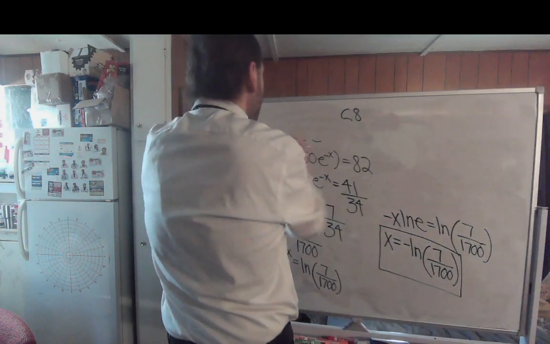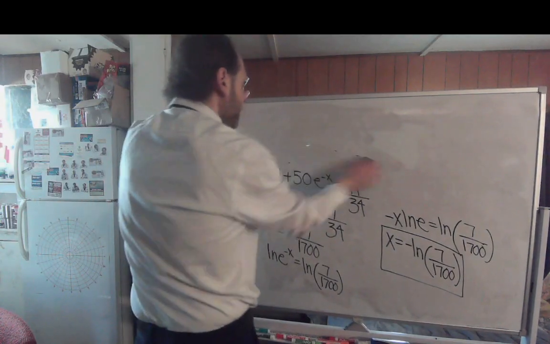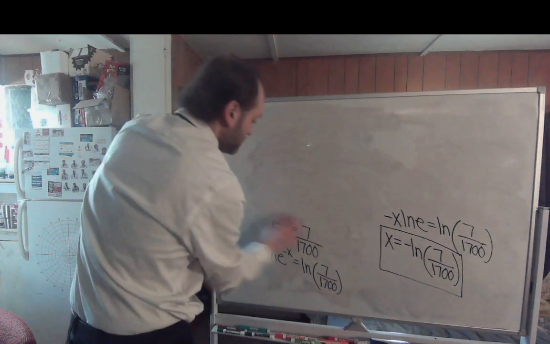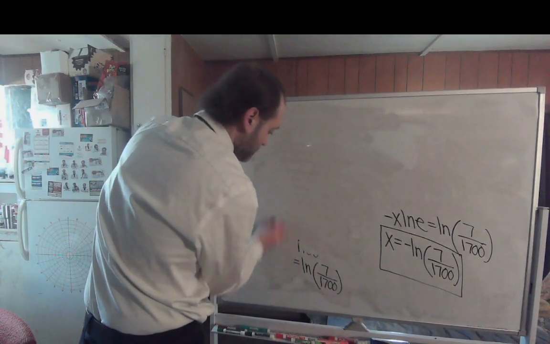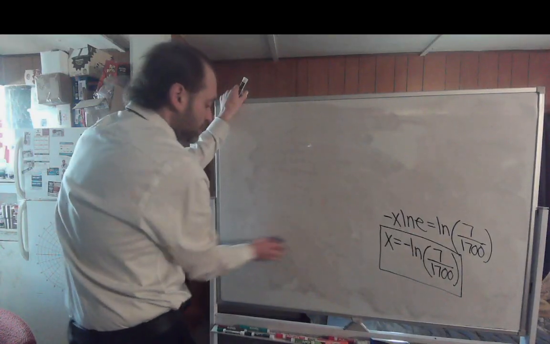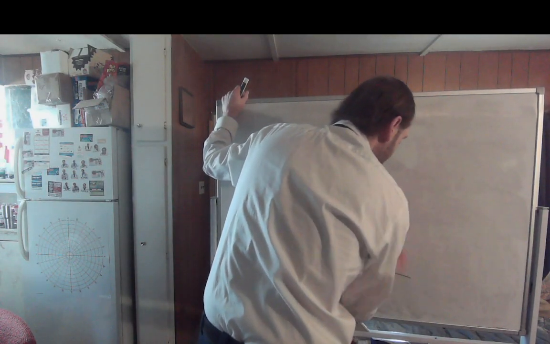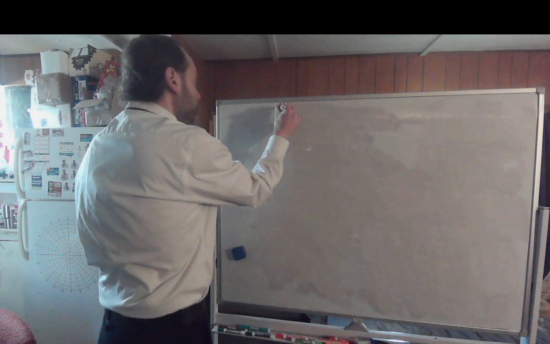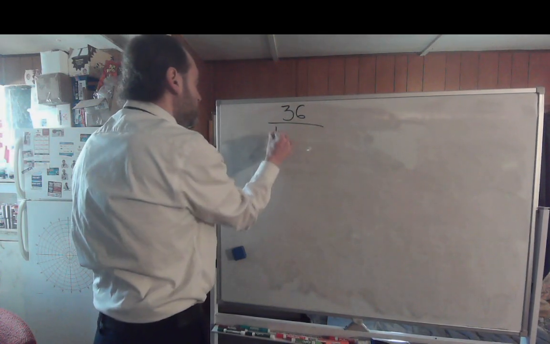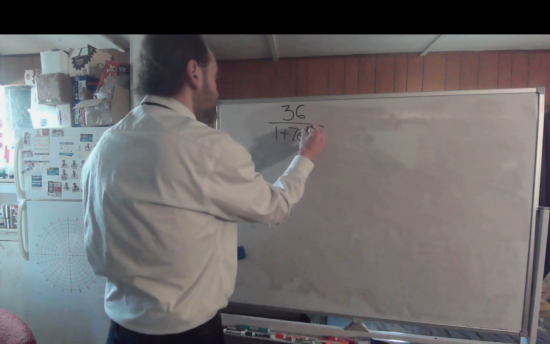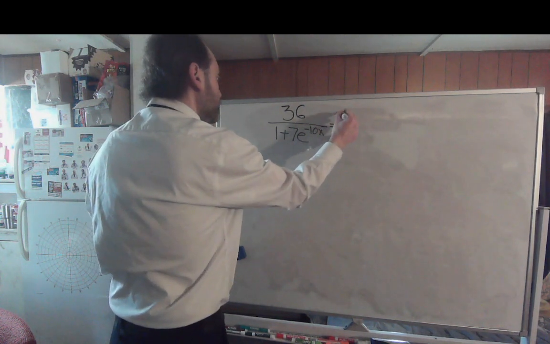I have 4 more. All right. We have 36 divided by 1 plus 7e to the negative 10x equals 30.